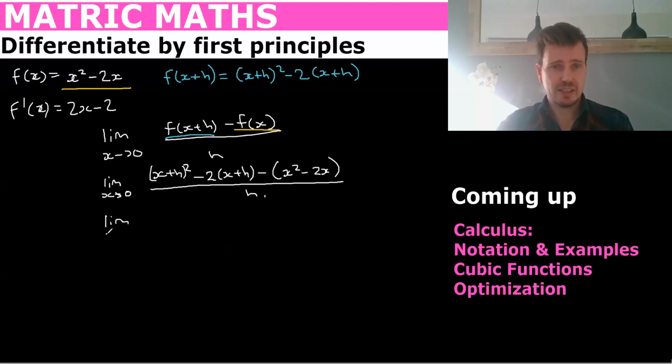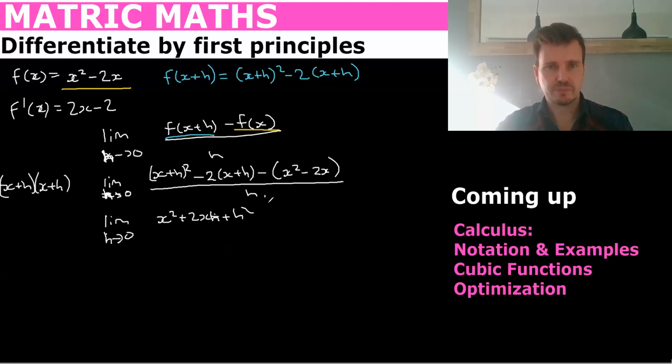Now I write it again, limit as h tends to 0. Now I'm going to just times this out. x squared plus 2xh plus h squared is this when I times it out. You can do it on the side if you're not sure how I did it, but you would just say x plus h, and you should know how to times this out.